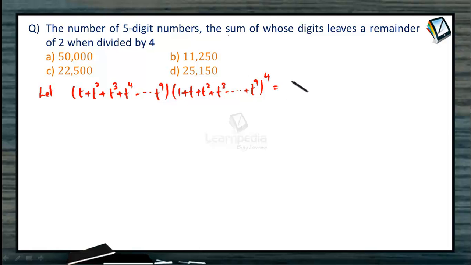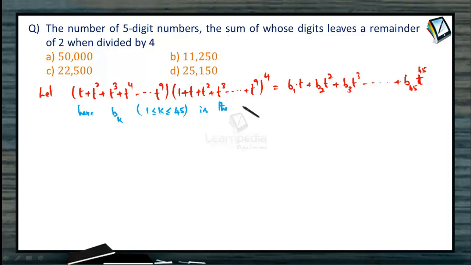So these terms would be in the form b1 t + b2 t^2 + b3 t^3 + so on up to b45 t^45. Now the important observation is that the value of bk, where k runs from 1 to 45, is the number of 5-digit numbers: 1 digit coming from the first bracket, where 0 is not included, at the 10,000s place, and the rest coming from the remaining 4 positions, thousands, hundreds, tens and units.